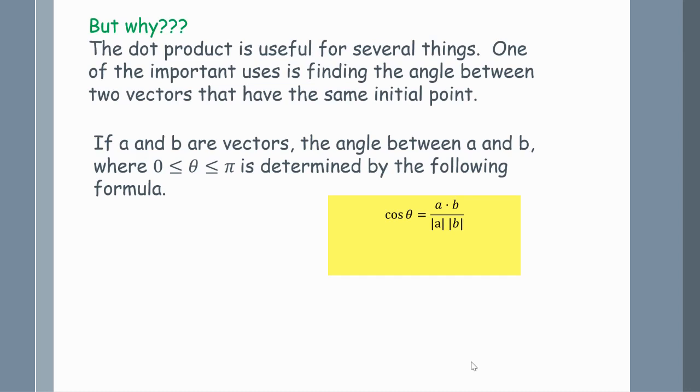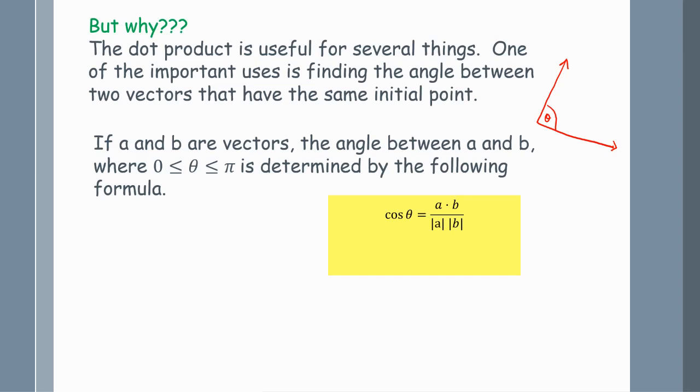One of the important uses is finding the angle between two vectors. Importantly, these vectors must have the same initial point. For instance, if I draw two vectors here, we're looking at the angle between two vectors that have the same starting point and extend outward from this angle.